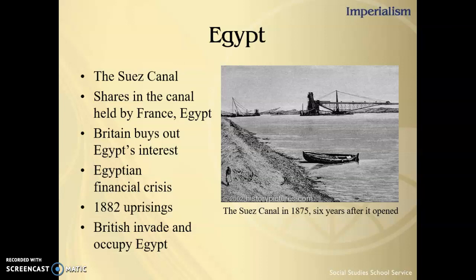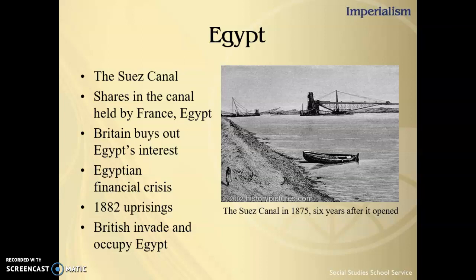But what eventually happens, though, is Great Britain starts to buy interest in the canal, buying shares. Why are the British so interested in acquiring shares in this canal? Because it would be basically a shortcut to their jewel in their crown, the British crown, that being India. It would be a shortcut.